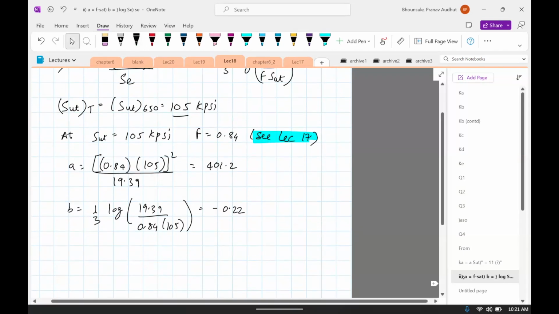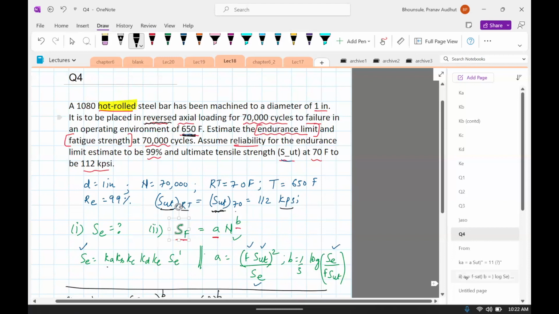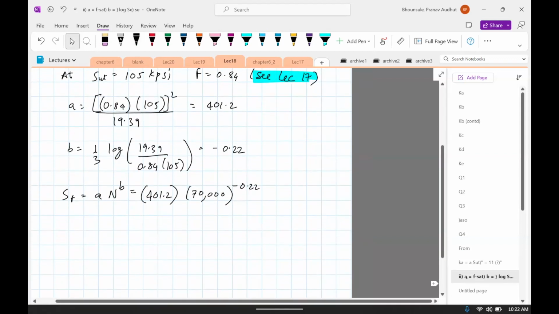So we have B, we have A. The last thing we need to do is Sf equals A times N raised to B. A is 401.2, N is, I think, 70,000 cycles. B is minus 0.22.